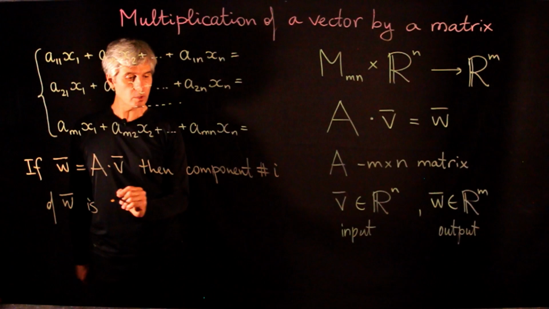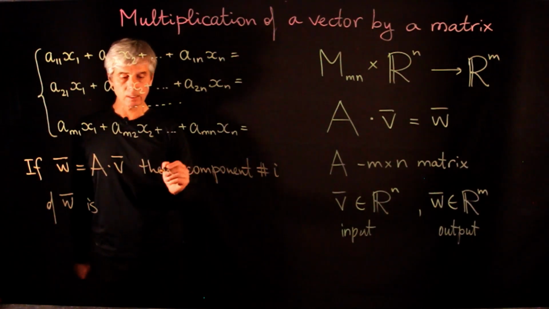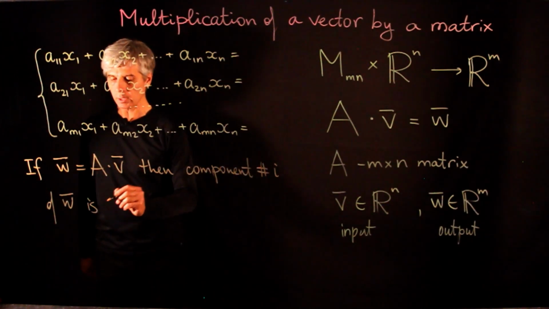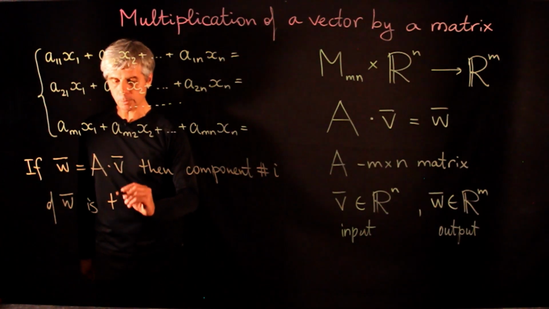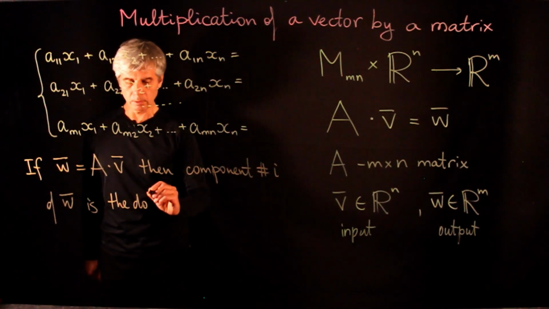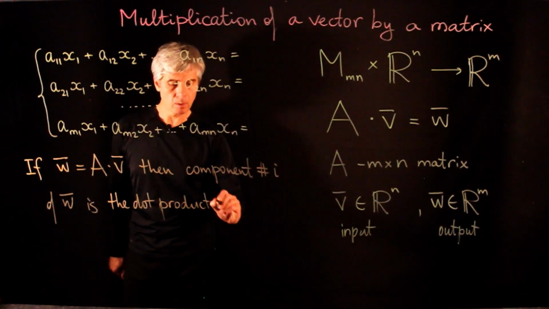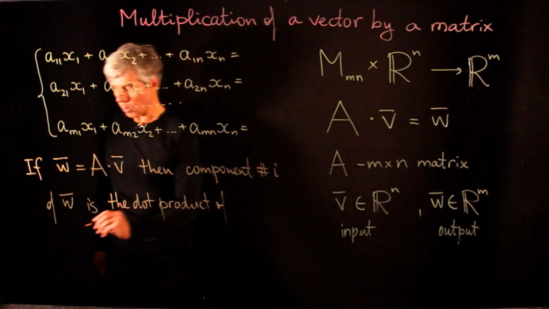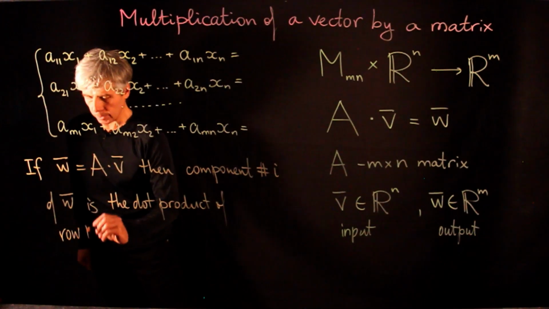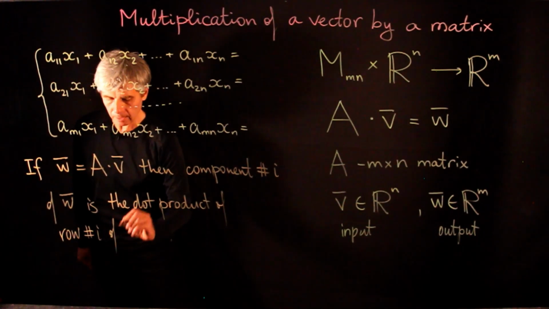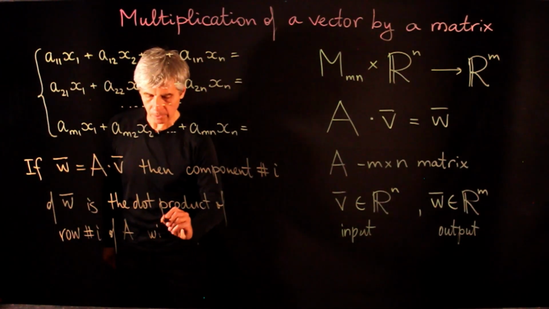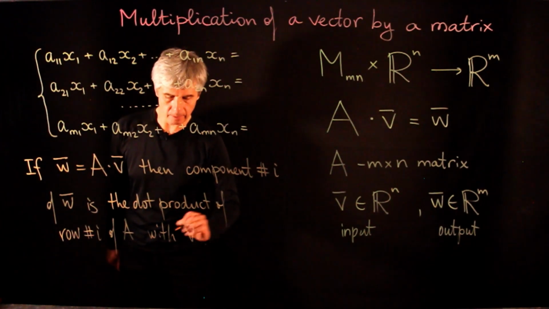So what we can do is we can say that component number I of the output is the dot product of row number I of A with vector V, right?